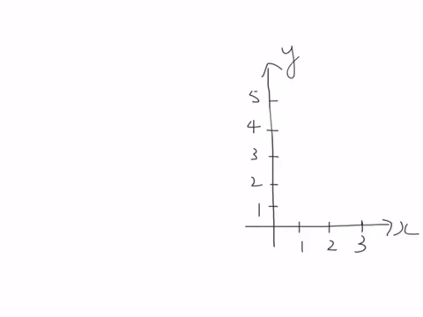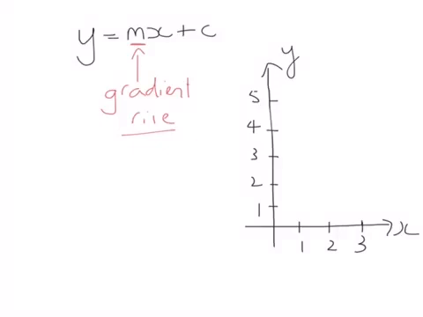The next thing we need to have a look at is an equation of a line. A straight line always has the form y equals mx plus c. The m is always the slope or the gradient. And remember the 2 R words, rise over run. The c is where it cuts the y-axis, or the y-intercept.